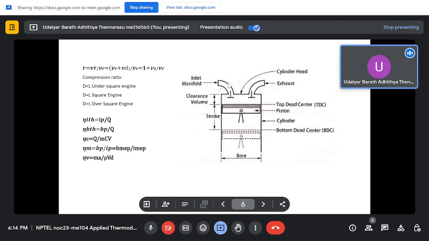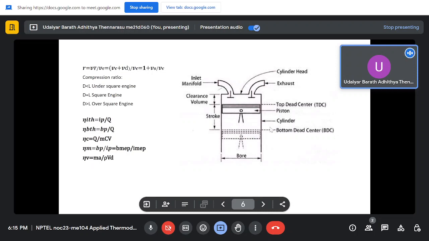And you have the inlet manifold with the valve, and the exhaust manifold with the valve, and the top is called the cylinder head. The point where the piston reaches the topmost position is called the top dead center, and the bottommost point is called the bottom dead center.